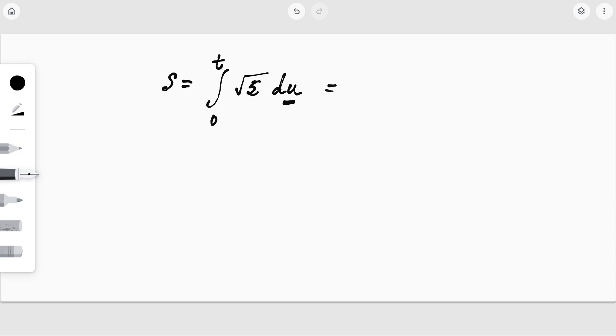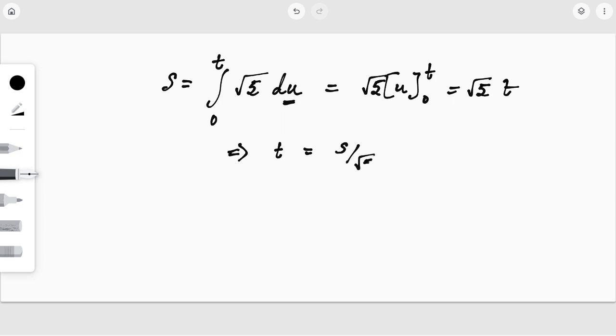Root 5 is a constant, so the integral will be root 5 into u, where we apply the limits 0 to t. So this is root 5 t. Now we have obtained s equals root 5 t. So what is the value of t from this equation? t is equal to s by root 5.